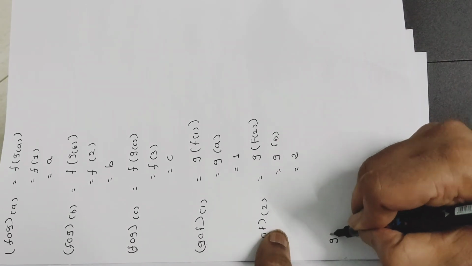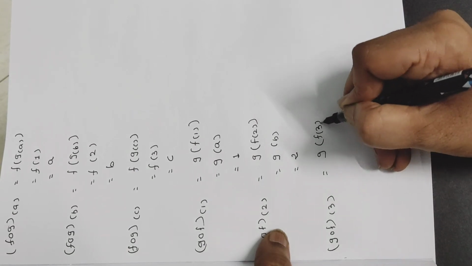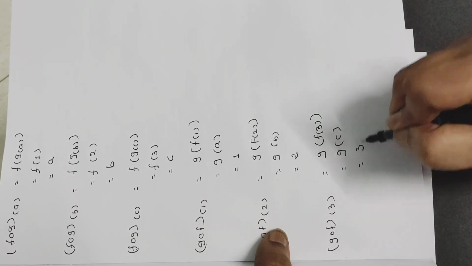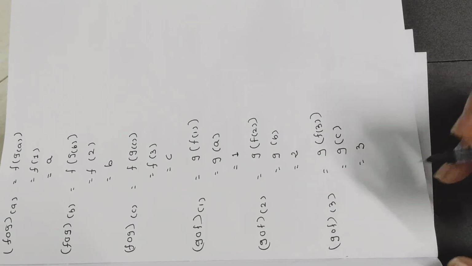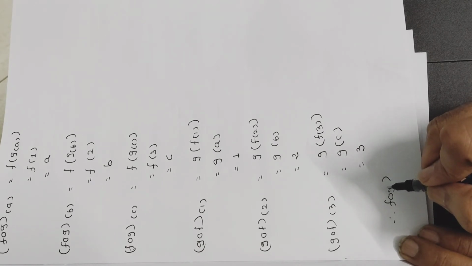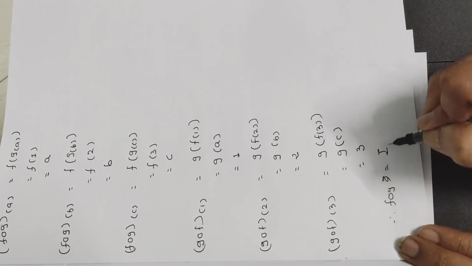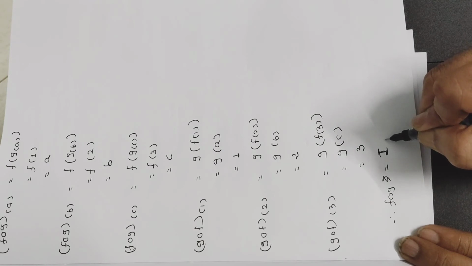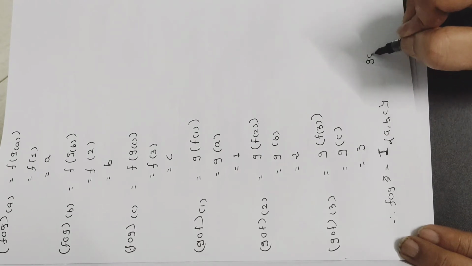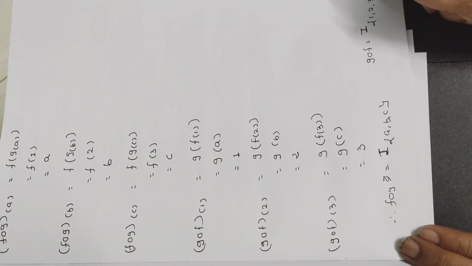Same way, g∘f(3) is g of f(3). f(3) is C and g(C) is 3. This means f∘g is equal to the identity function on {A, B, C}, and g∘f is also the identity function on {1, 2, 3}.